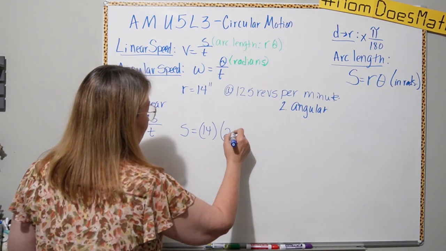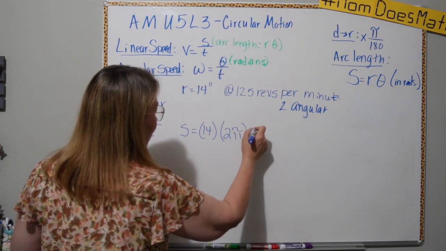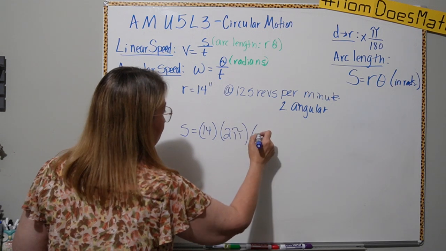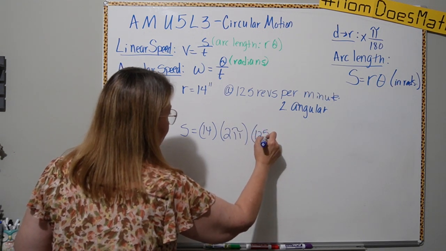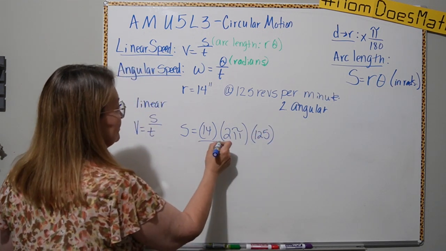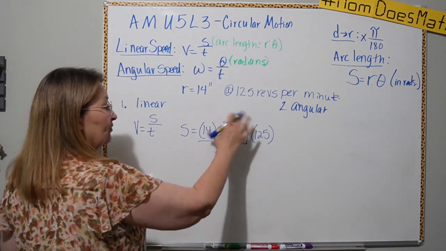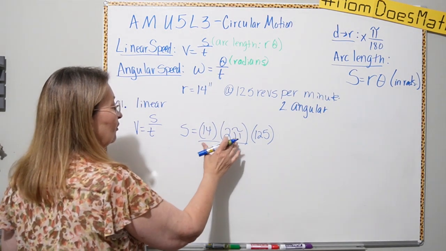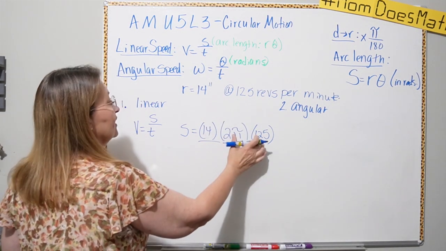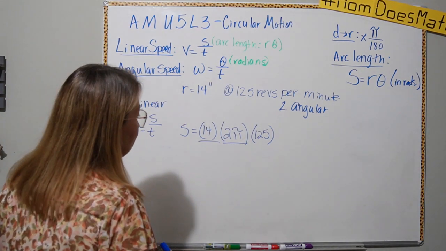So we're going to multiply 2 pi times how many times it's revolving per minute. So that's 125. Okay, so we have the radius times the radians of a whole circle, times how many times it is revving per minute.